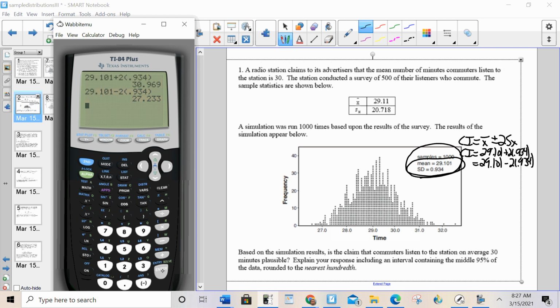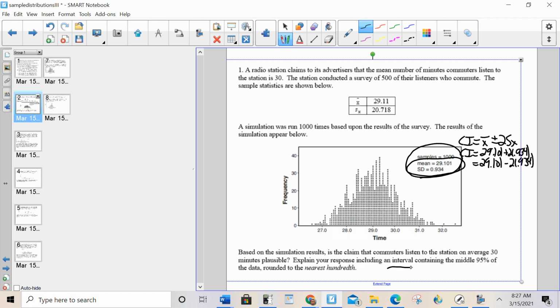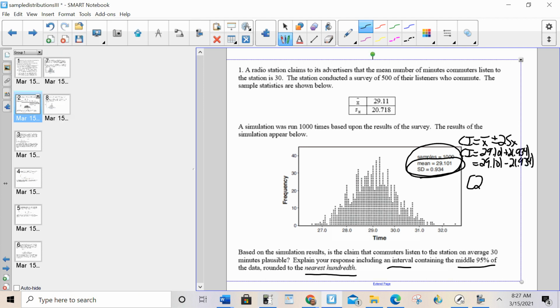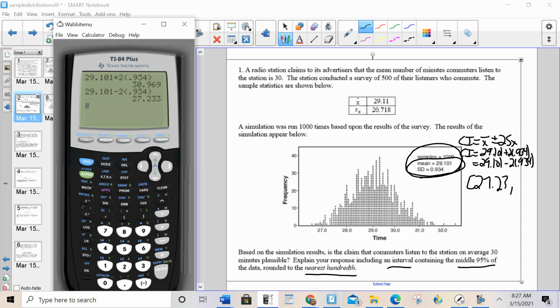It says explain your response including an interval of the middle 95%. That's the confidence interval that it's asking for, round to the nearest hundredth. So we're going to round these values to the nearest hundredth. So that's 27.23 to 30.97.